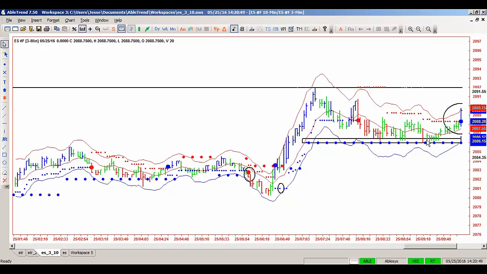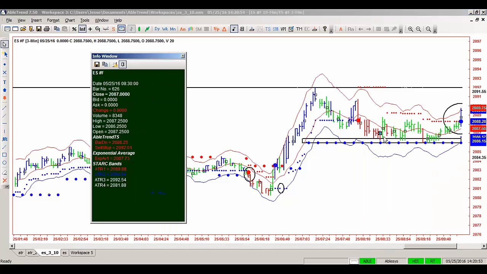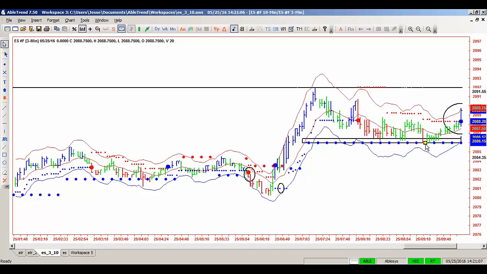We see here how prices looked like they were breaking out to the downside. If we weren't seeing the support there, it would have looked like prices made a low at the 2086.25, and here prices broke that low by a quarter point, so one tick. And bounce off, and then giving us that buy signal.